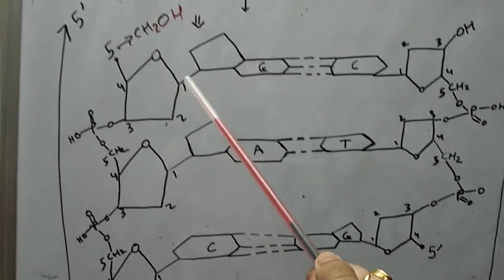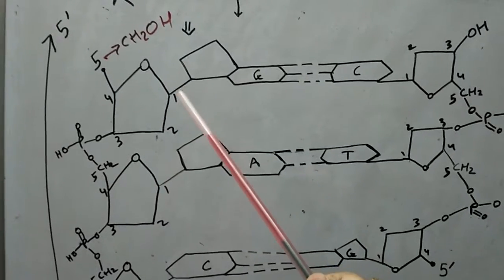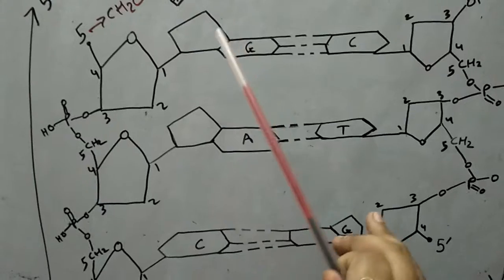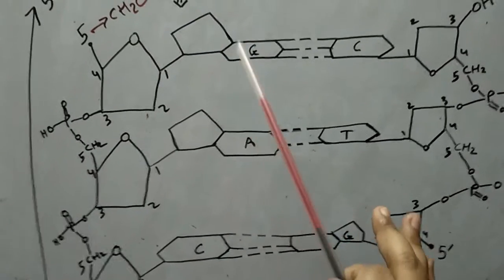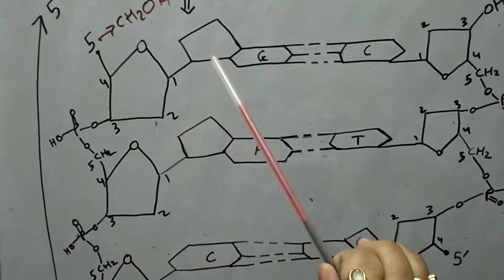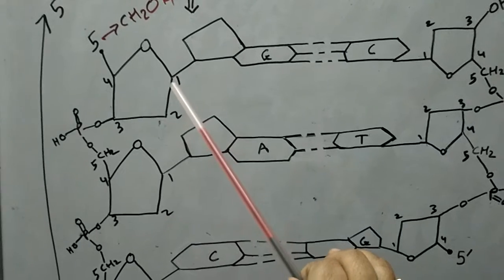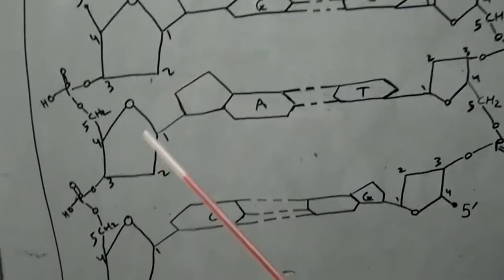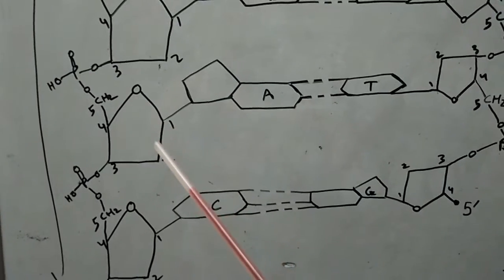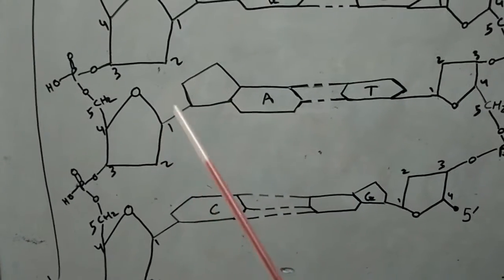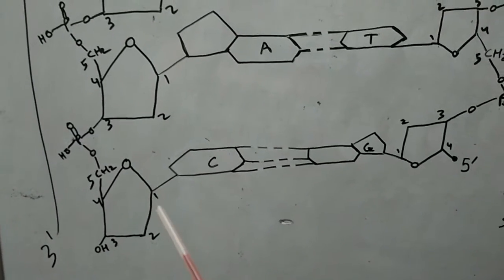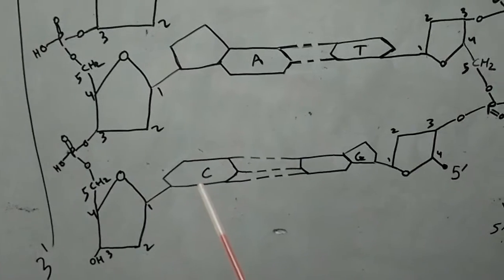Now attach any nitrogenous base. It could be anything. I have attached guanine here. So guanine is attached to carbon number 1 like this. Then onto the second sugar we have attached adenine, and on the last sugar we have attached cytosine.